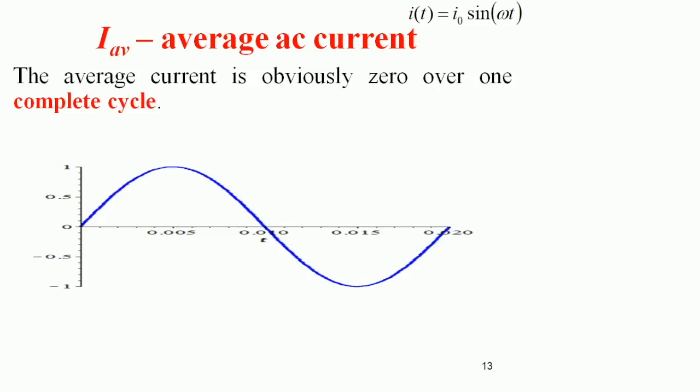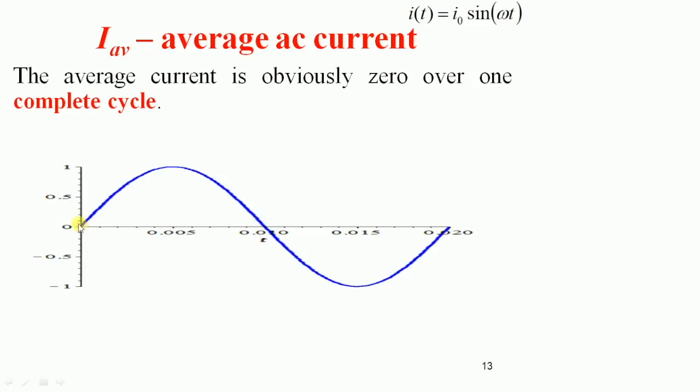Now, average current. Average current is the net current delivered in one complete cycle. So in the positive half cycle, current is going clockwise in the circuit, and in the negative half cycle, current is going in the reverse direction.